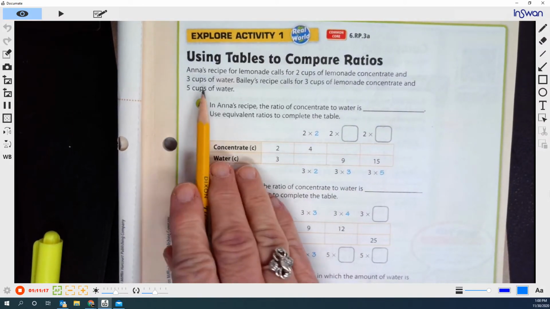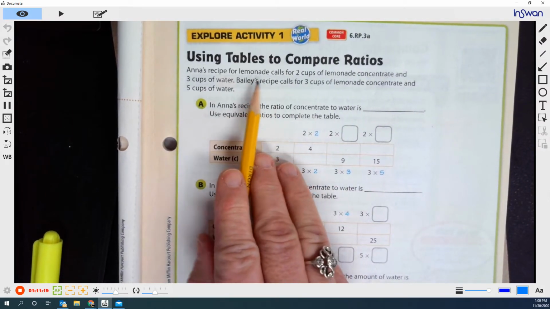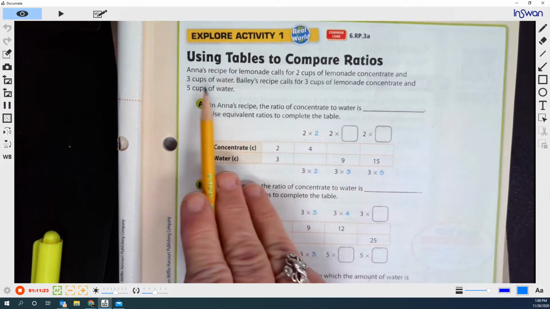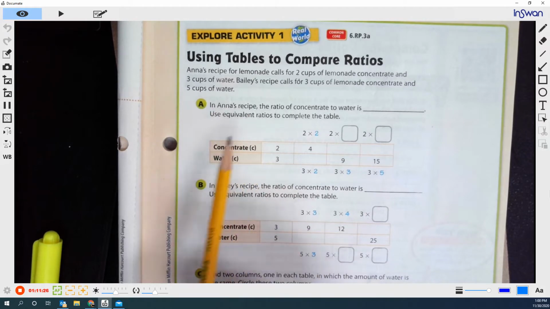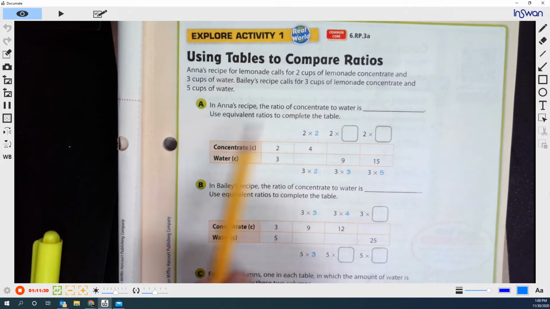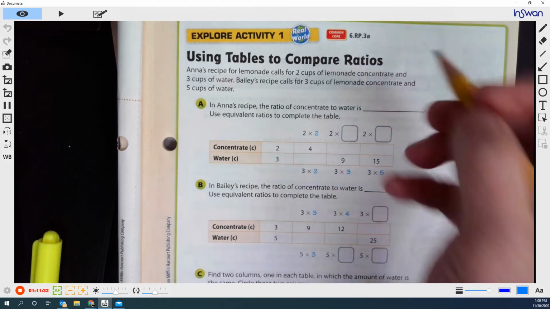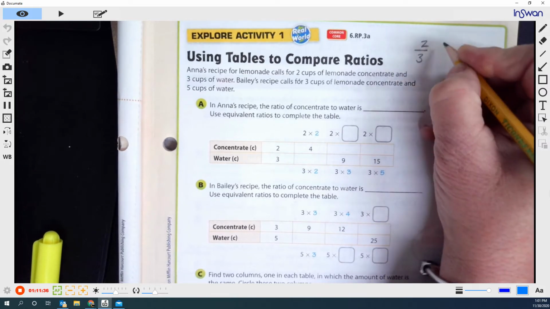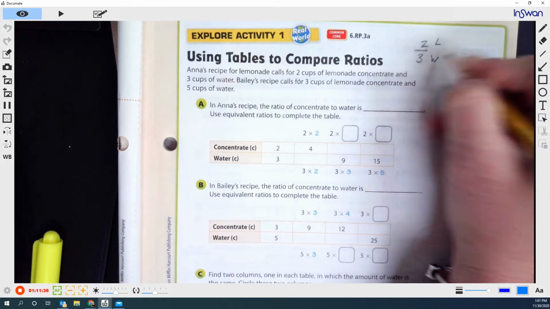So if I'm comparing a recipe for lemonade where it's 2 parts of lemonade concentrate and 3 parts of water, and the other one is 3 cups of lemonade and 5 cups of water, for one you have a 2-to-3 ratio. This is the lemon, this is the water.